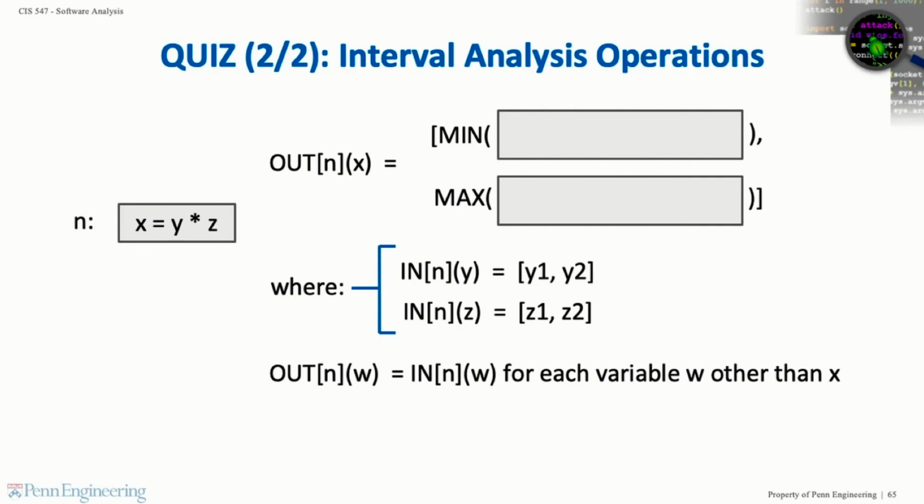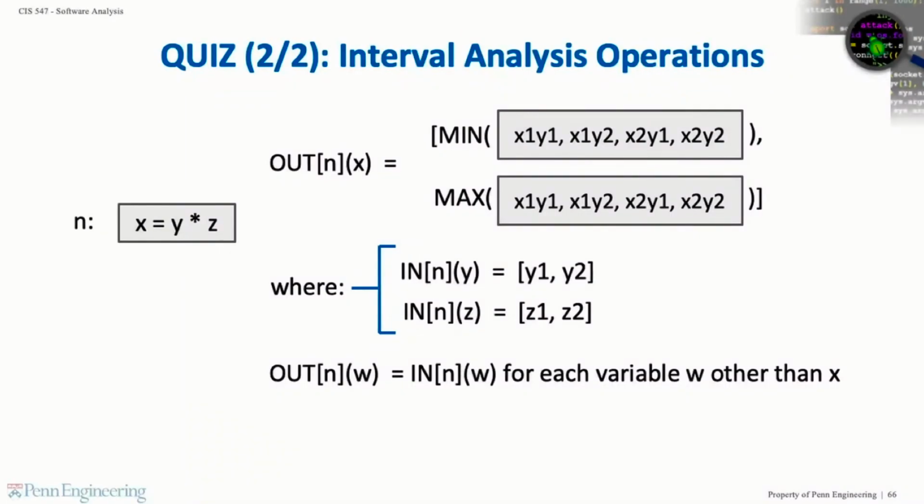As a hint, the lower bound of x will be the minimum of certain expressions over y1, y2, z1 and z2. Similarly, the upper bound of x will be the maximum of certain expressions over y1, y2, z1 and z2.